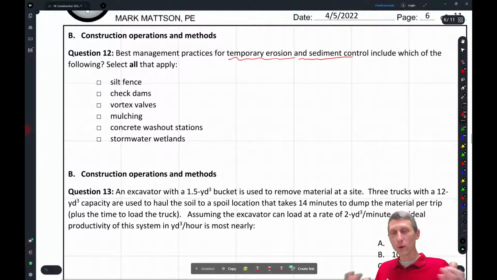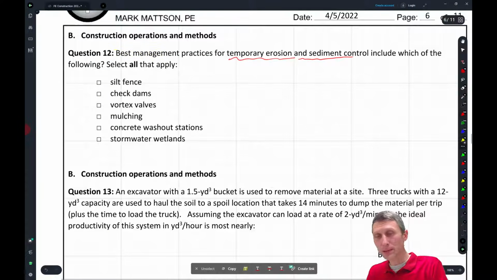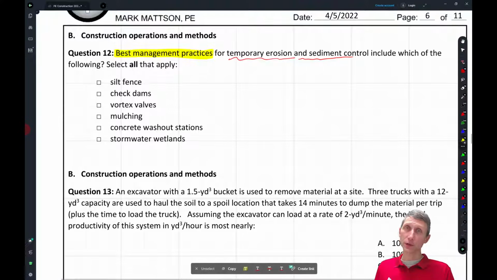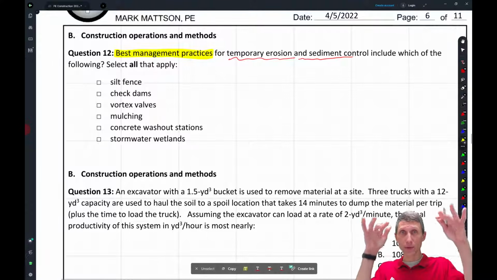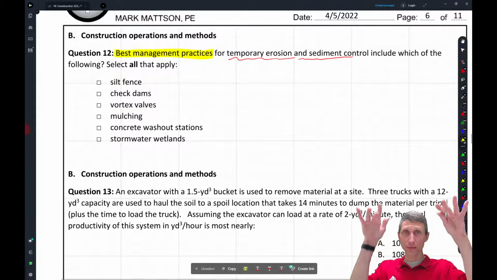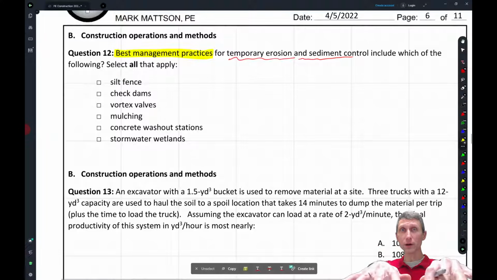So what's a best management practice? A best management practice is one of those practices that get put in for erosion and sediment control, right? What we don't want is to have the earth get ripped open, the rain come down and wash out all the soil into the wetland. We want to protect that wetland.